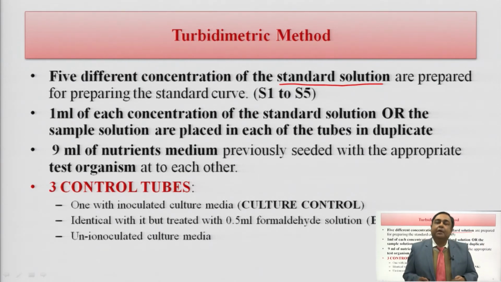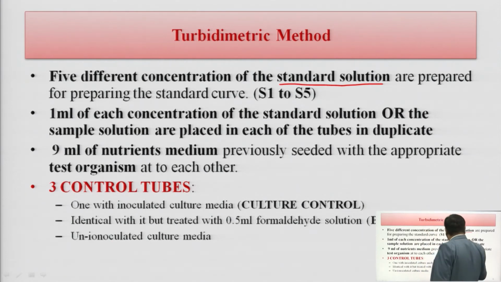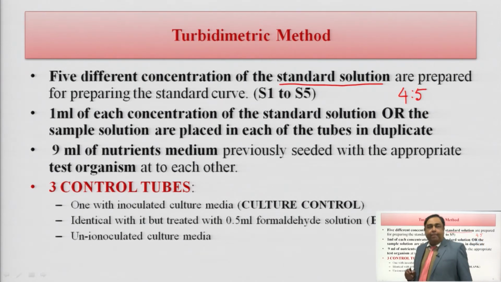Now, these concentrations are such that S1 is the lowest concentration and S5 is the highest concentration, and the ratio of the dilutions generally is 4:5.